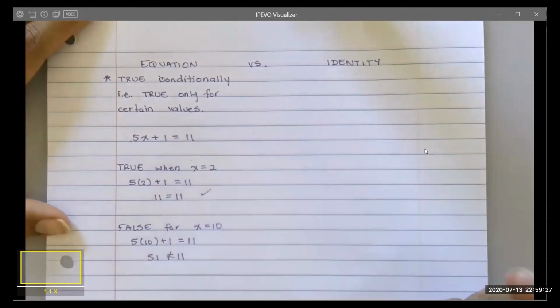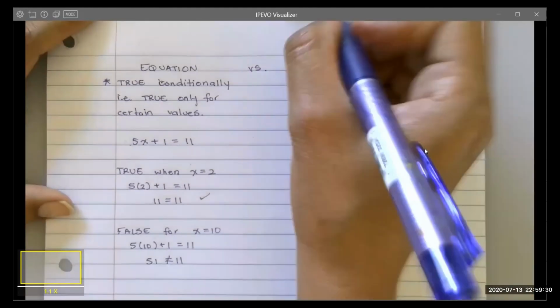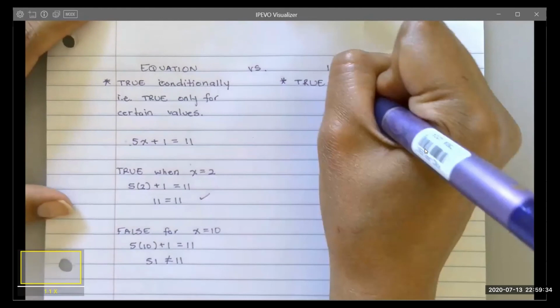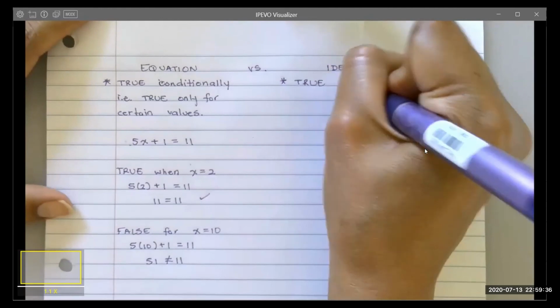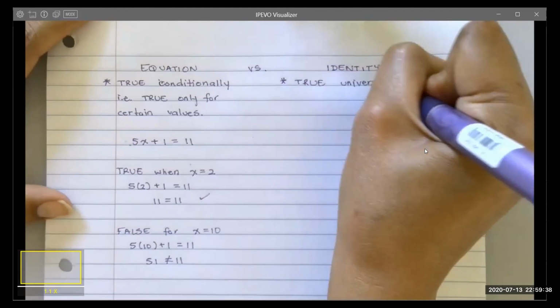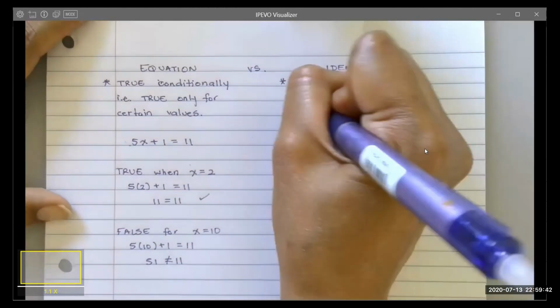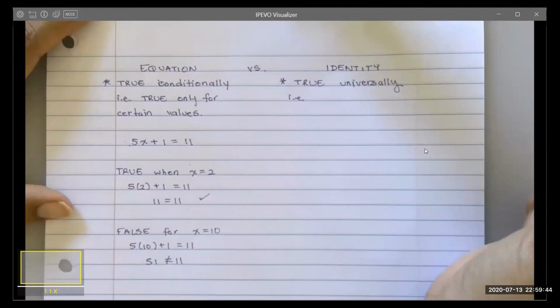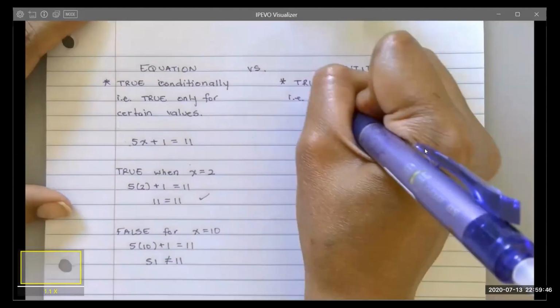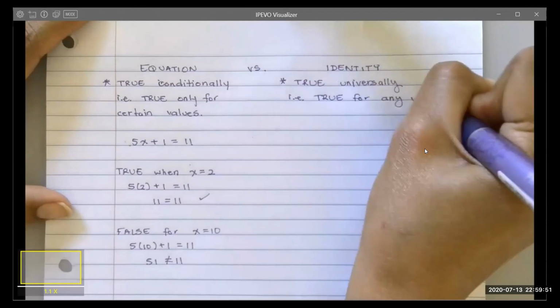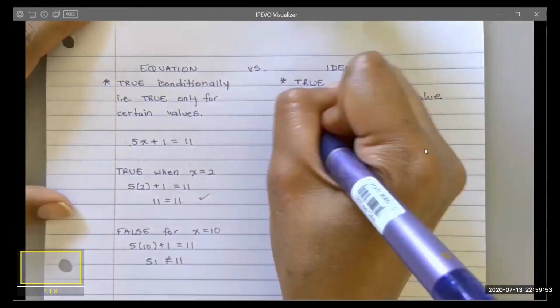Now, what about an identity? Well, an identity is true universally. By universally, I mean it's true for any value that you replace the variable with.